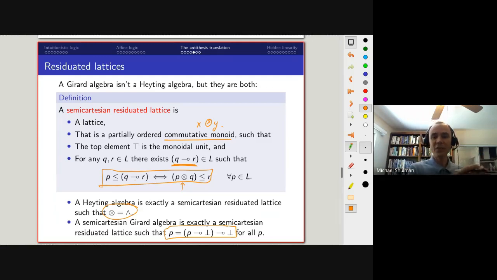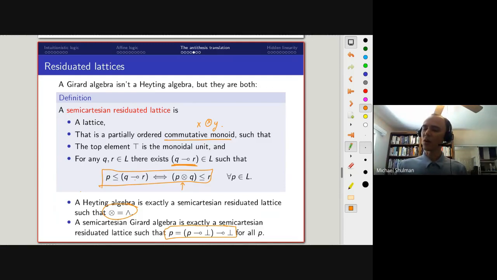That's not necessarily involutive, but if it is, then we have exactly a Girard algebra. And then this property reduces to the Girard case. So the defining if and only if thing for a Girard algebra can be seen as essentially saying that if you define implication in terms of the monoidal structure, then it is a residuated lattice. It does satisfy this property.